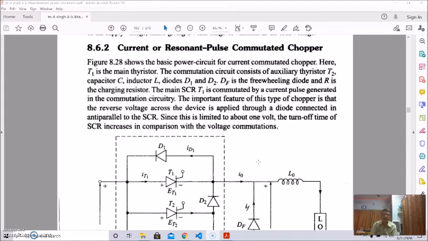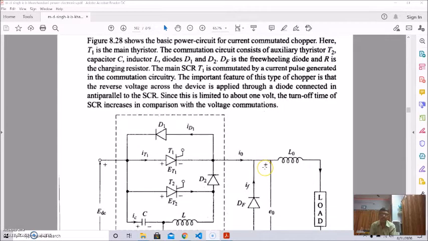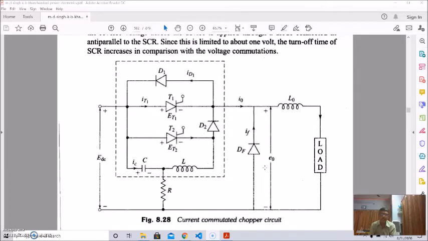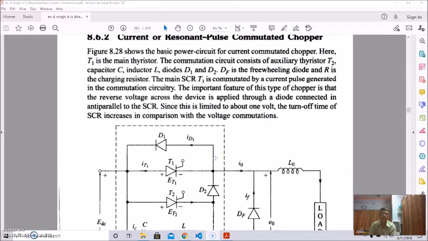Today we'll discuss the current or resonant pulse commutated chopper. This is the circuit diagram of the resonant or current commutated chopper circuit. We are coming to the details of this circuit diagram. The basic power circuit for this current commutated chopper is shown in this figure.